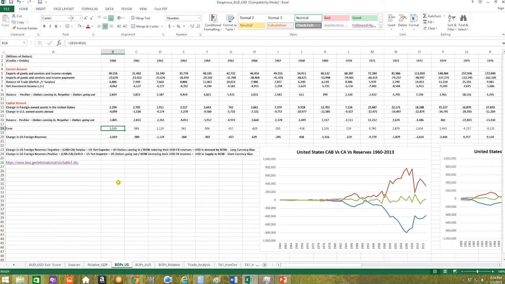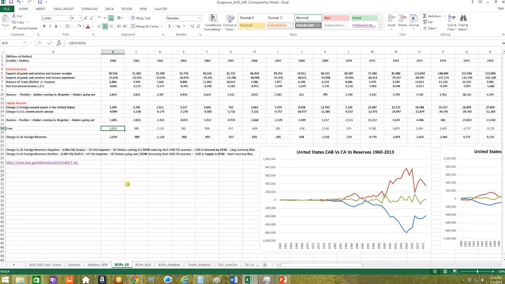The US is a net exporter, which means that more US dollars are coming in than going out of the United States. So more US dollars coming in means that the rest of the world is reducing their US dollar FX reserves by the same amount. So US dollars abroad in aggregate are depleting by this amount, which means the US dollar is in demand.